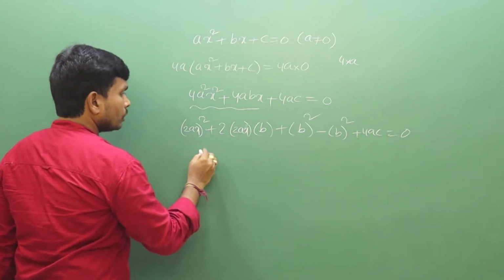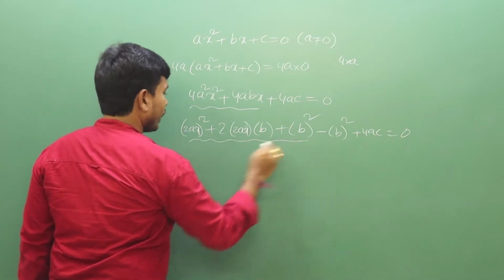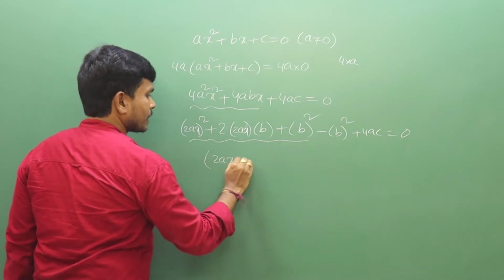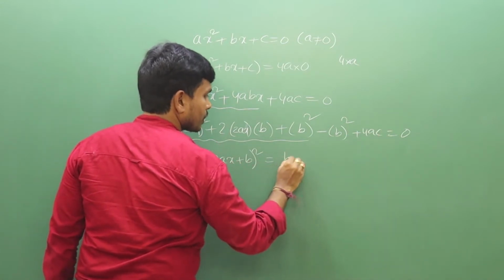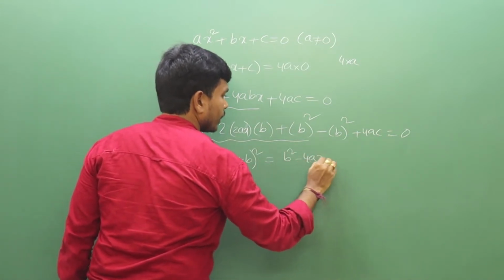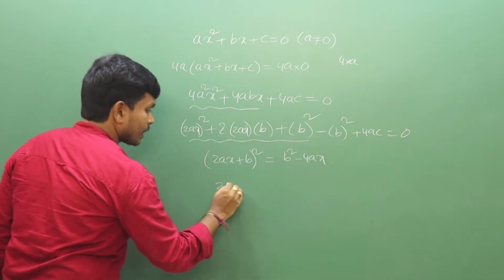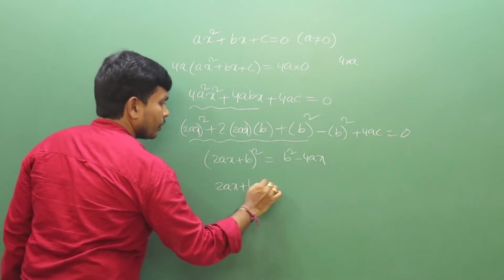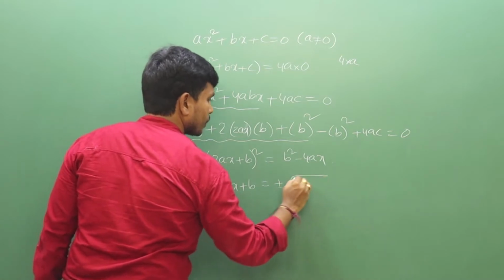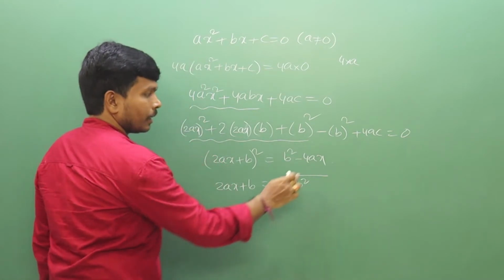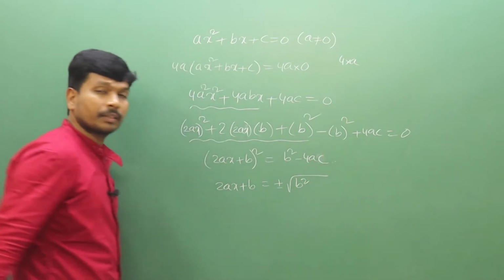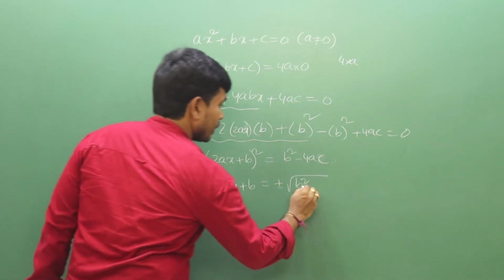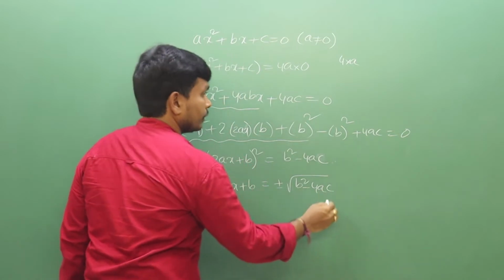Now a plus b whole square, so 2ax plus b whole square is equal to, sending these terms to that side, b square minus 4ac. The square is going to that side, so you will get plus or minus root b square minus 4ac. This is c, not ax.